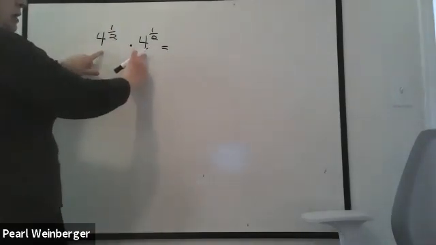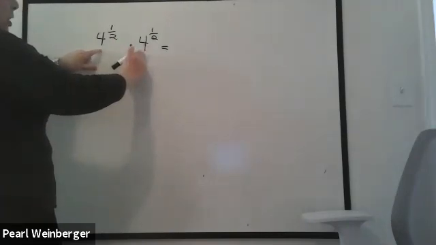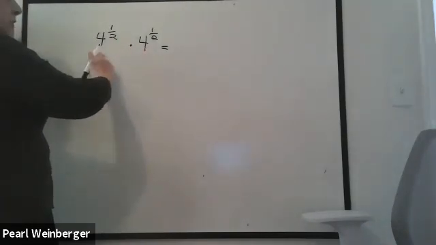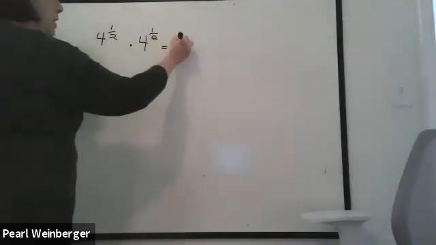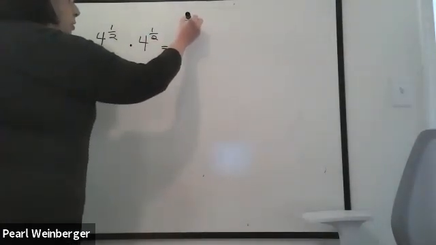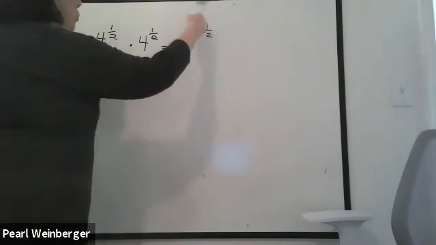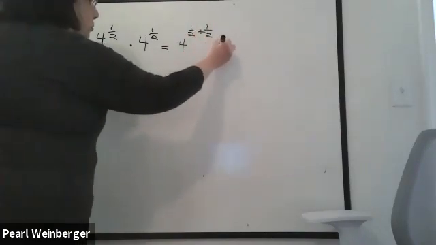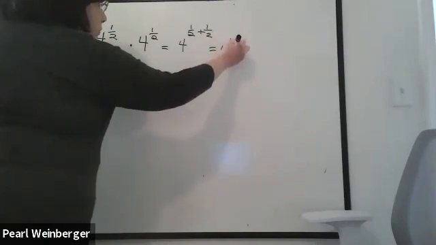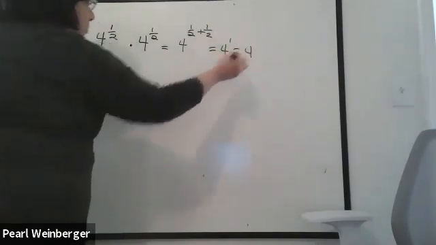Our two bases are the same, they're both 4. So when we're multiplying two numbers with the same base, what we do is we add their exponents. So we get 4 to the 1/2 plus 1/2. And we know 1/2 plus 1/2 is 1. So this really means 4 to the 1, which is simply 4.